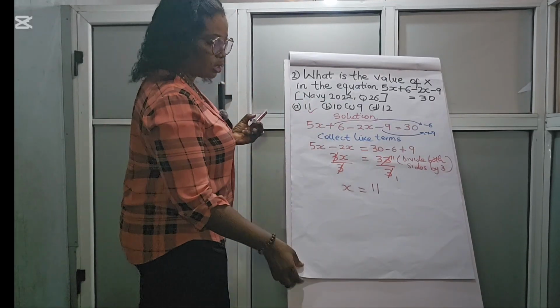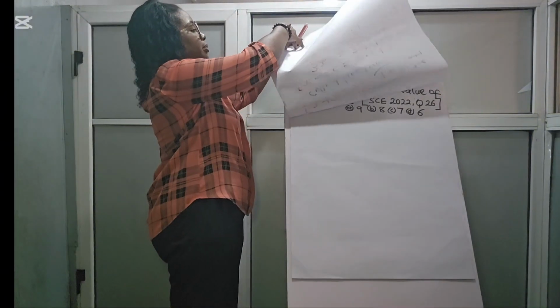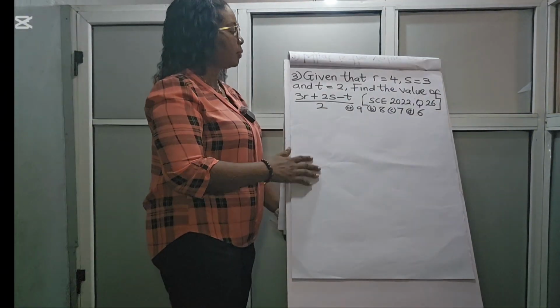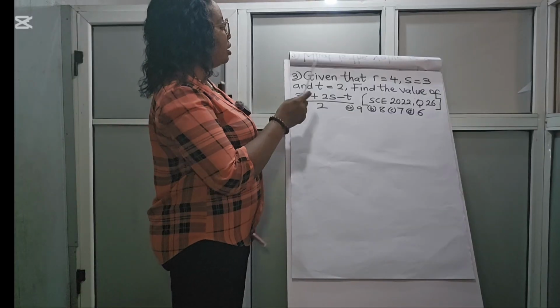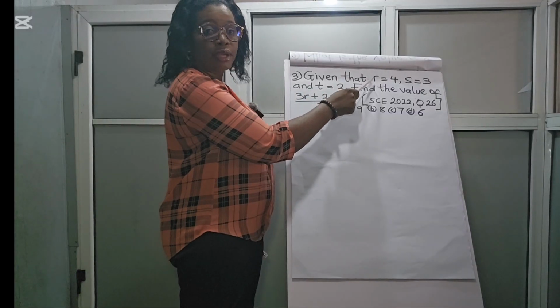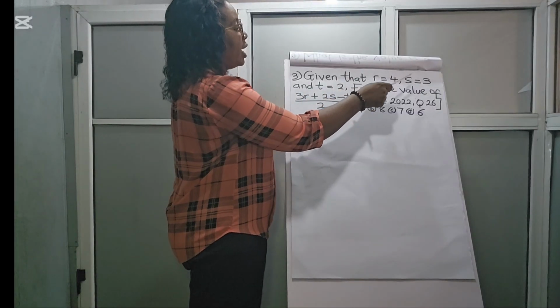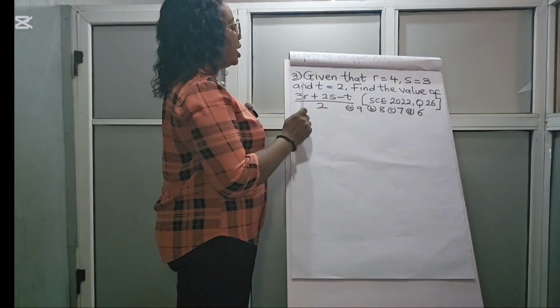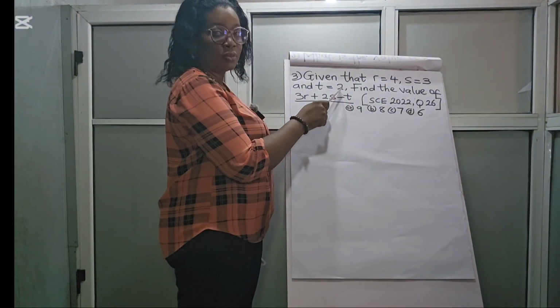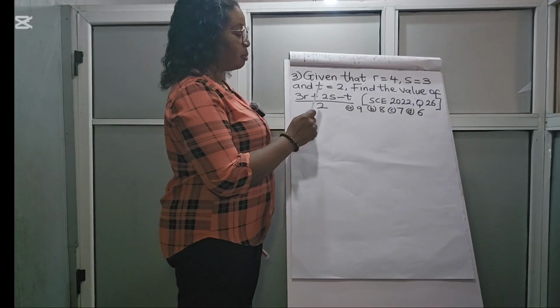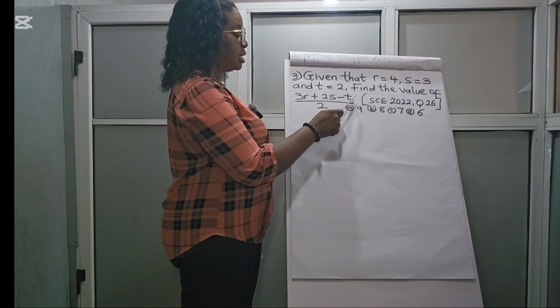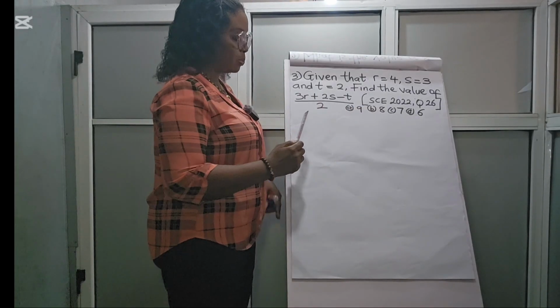Let's move over to question 3. Question 3 says, given that R is equal to 4, S is equal to 3, and T is equal to 2, find the value of 3R plus 2S minus T divided by 2.